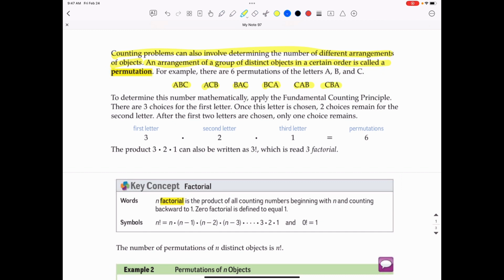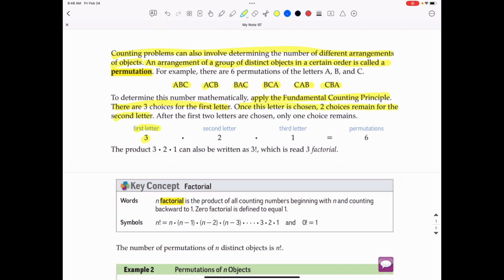So instead of writing out the sample space like above, what you can do is apply the fundamental counting principle. Since there are 3 choices for the first letter, once this letter is chosen, there are only 2 choices remaining for the second letter.